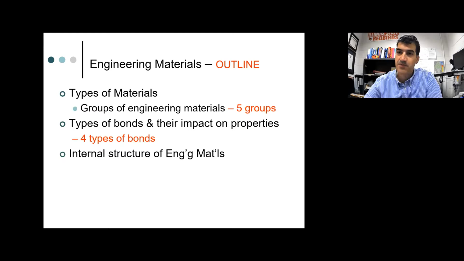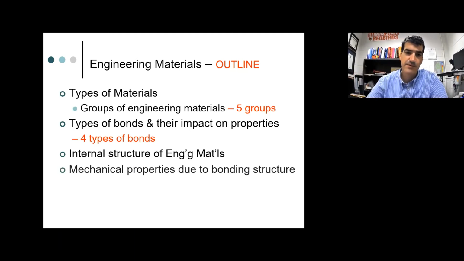And the reason this is important is because it's important to know how materials are put together, because that affects what's going to happen when we break them, or how they break, or how they fail, and how we can load them. And so it's important that we understand how these materials are put together, and what types of bonds they have, and what they look like on a molecular level, because it has a significant impact on their macro behavior.